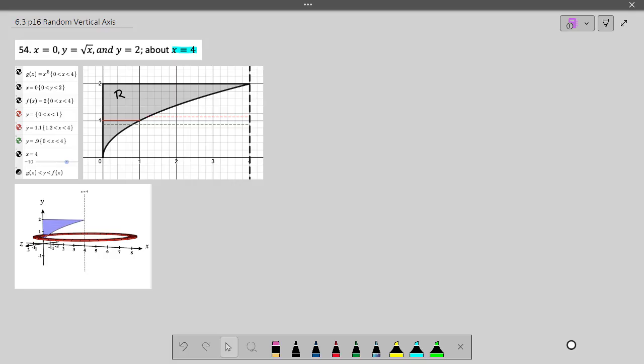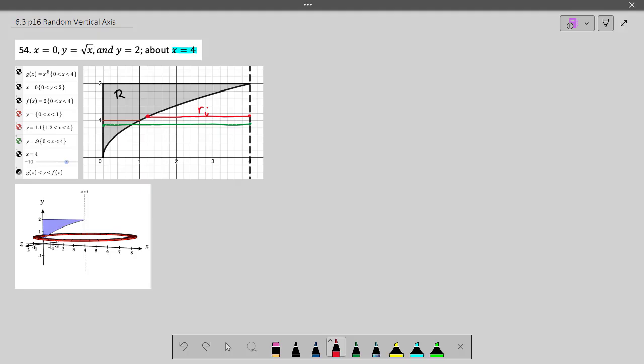Okay, so the inner radius is this one right here. It is from the axis of rotation over to the first curve. So that's R sub I. R sub O is the axis of rotation all the way over to the further boundary, which is this vertical line here. All right. So this inner curve is given by y equals square root of x.